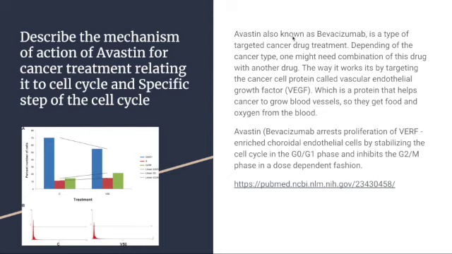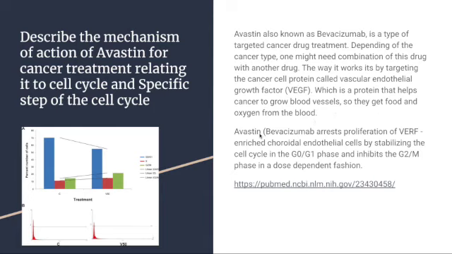Avastin, also known as bevacizumab, is a type of targeted cancer drug treatment. Depending on the cancer type, one might need a combination of this drug with another drug. The way it works is by targeting the cancer cell protein called vascular endothelial growth factor, also known as VEGF, which is a protein that helps cancer to grow blood vessels so they get food and oxygen from the blood.